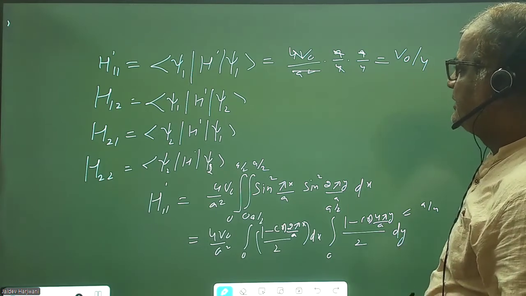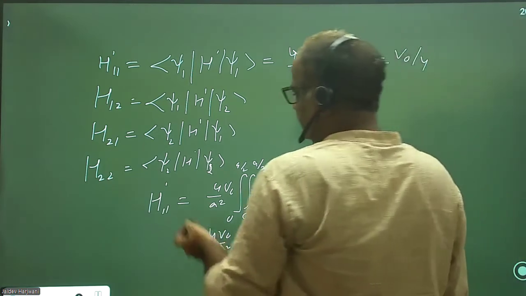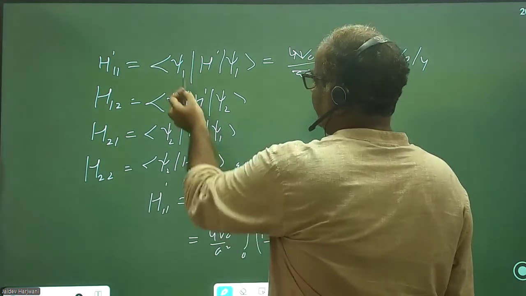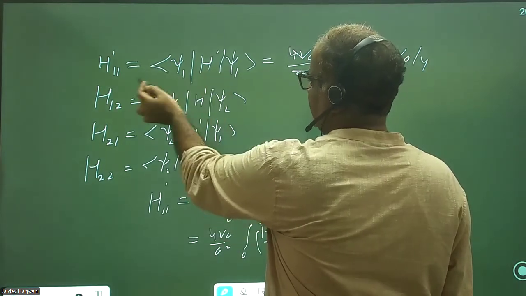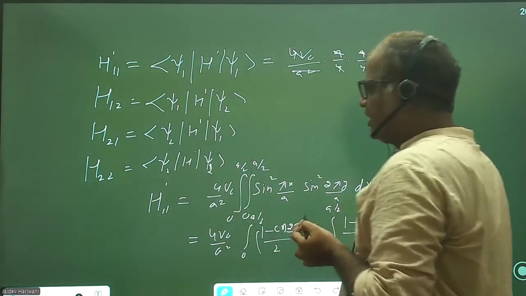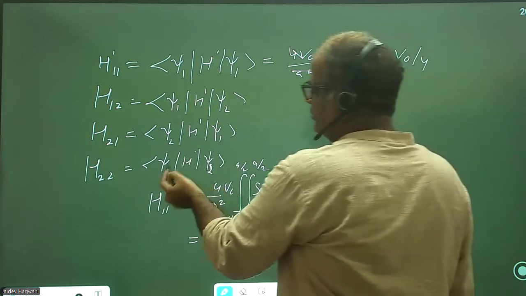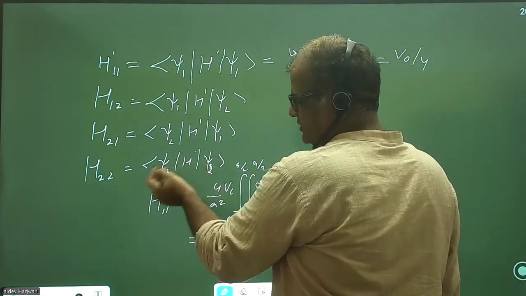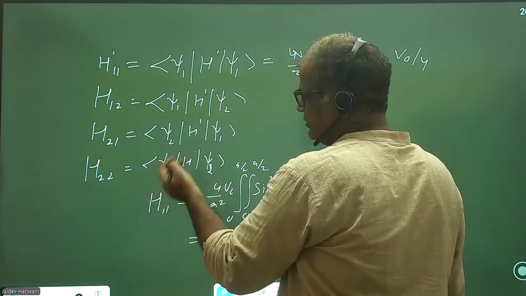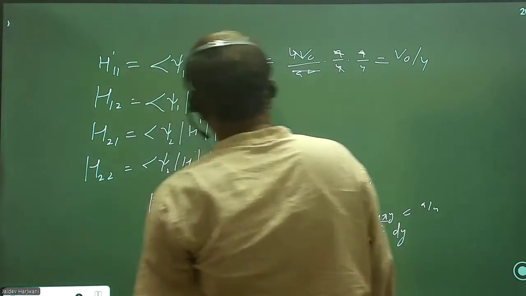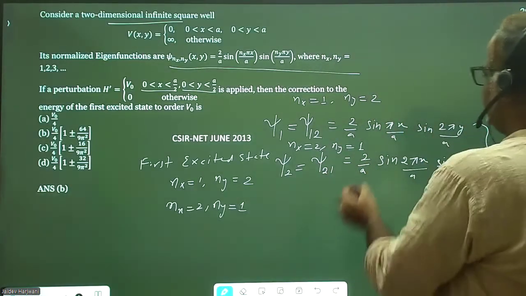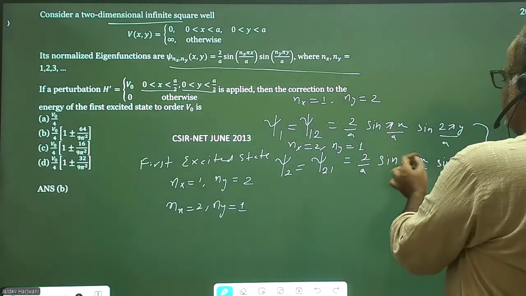Okay. Now by symmetry, because these are all real functions, if I take psi1 h11, or I take psi2, which has a 2 pi x, here you have sine pi x and here you have sine 2 pi x.